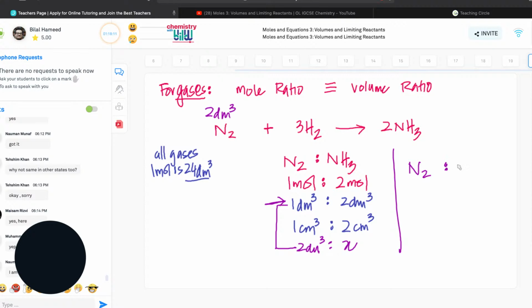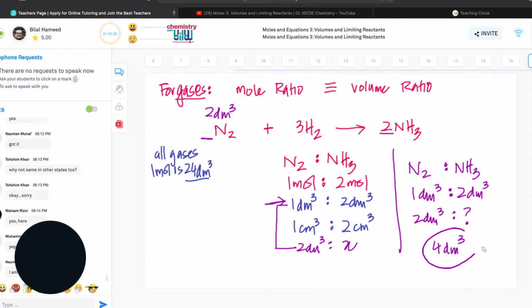I would take the formula equation again and see the ratio is 1 to 2. It's just like saying 1 dm cube will give me 2 dm cube, so 2 dm cube will give me how much? 4 dm cube, which is the answer we had gotten earlier, remember? And you can use this for any gas, but only when both of them are gases.